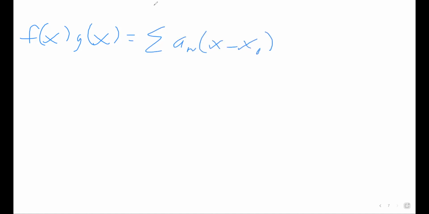What about multiplication? This can be one summation with your a's times the b's.